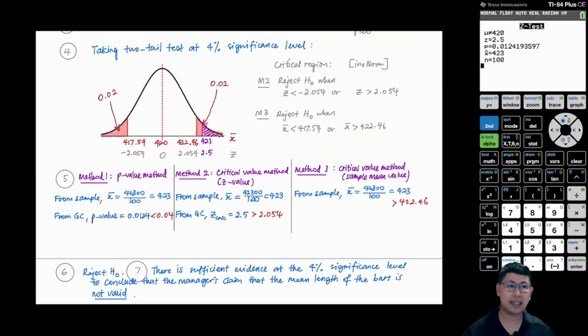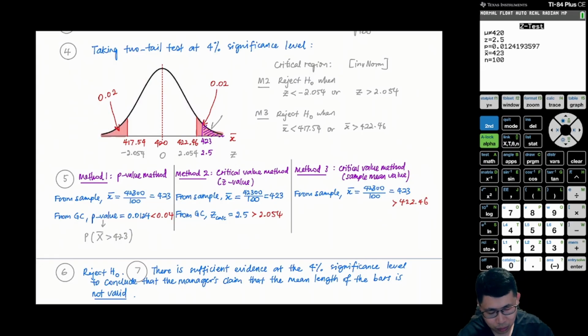This p-value refers to the probability where, first, we look at 423, and 423 is on the right hand side of 420. So this p-value is the probability where x bar is greater than 423.